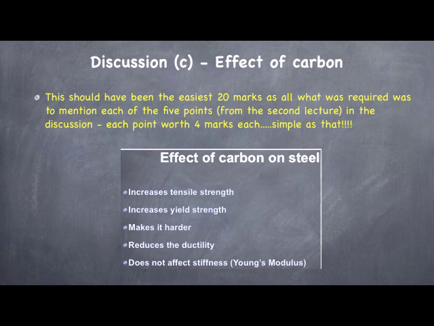The effect of carbon on steel: it increases tensile strength, increases yield strength, it makes it harder, it reduces ductility, and very importantly, it does not affect stiffness. 4 marks for each point, hence 20 marks. Very few, quite disappointingly, managed to score 20 out of 20.